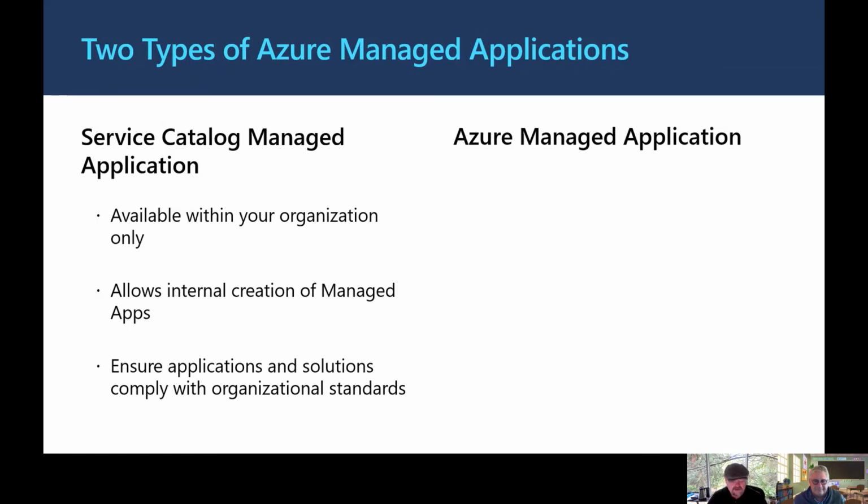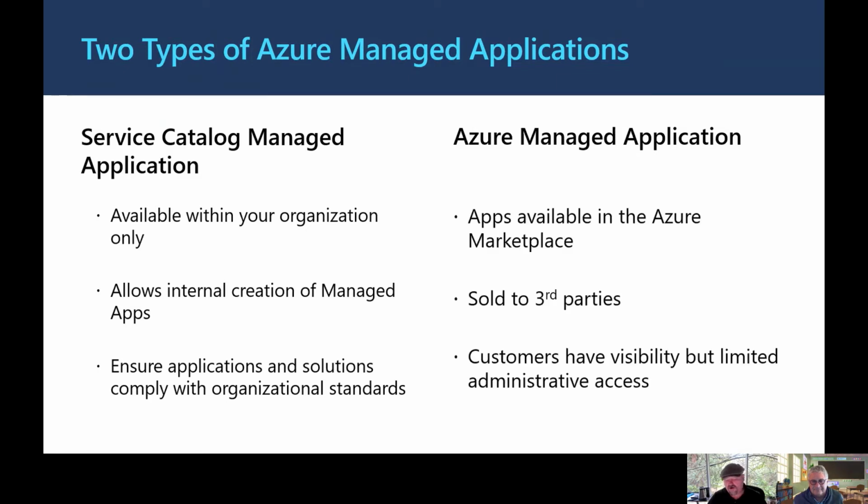The bottom line with the internal one, why would I want to use that, is simply because in many cases I want to institutionalize some policy where I'm controlling how this application gets rolled out. So that's the story on the service catalog or private version.